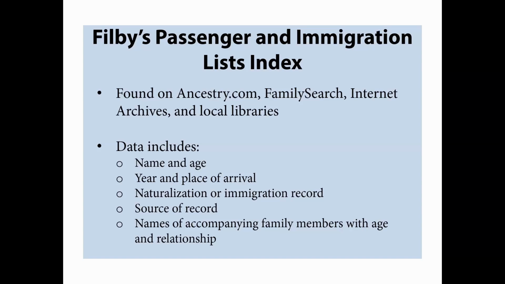Was there a passenger list, a naturalization petition? Was there a diary entry? Was there something that just corroborates that they actually came over from somewhere else? It also gives you details about what the source is and if there are any accompanying family members with their age and relationship, because that is always a key way of looking at whether you have the right person, based on who else might have been accompanying them.